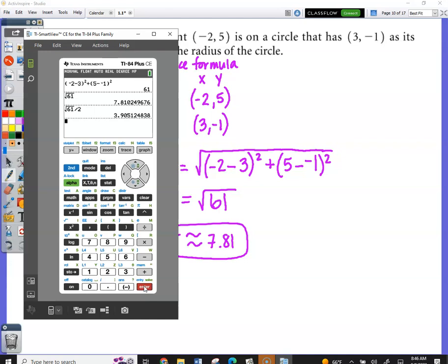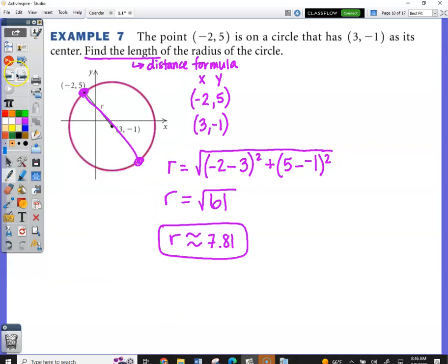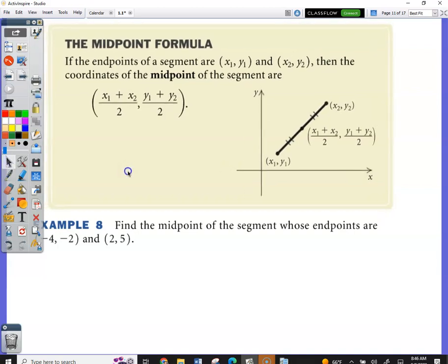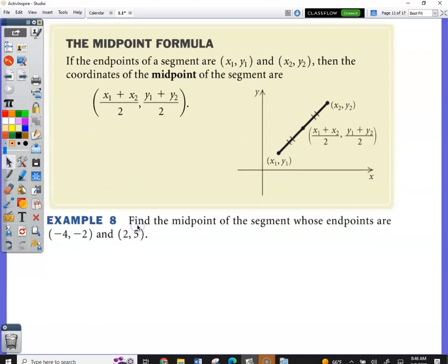Let me go through the next two examples because that's where we're practicing the coordinates. Okay, so look at this one. Y'all should remember the midpoint formula, because what does midpoint mean?